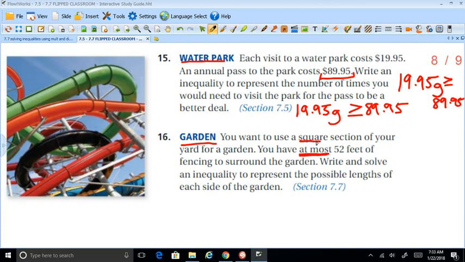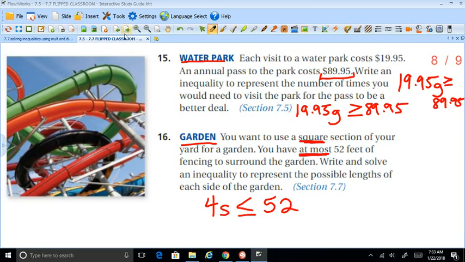All sides are the same. So we're going to have 4, because there's 4 sides of a square that are all the same. S is at most, so meaning it has to be less than or equal to 52. And this inequality will tell you the maximum distance each side of your square can be because of the fencing limitations we have.